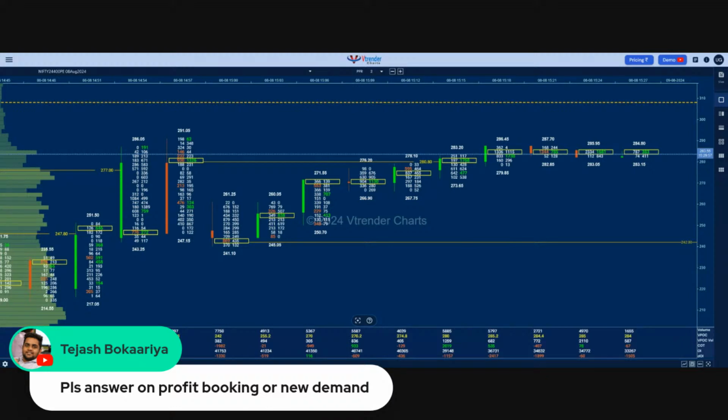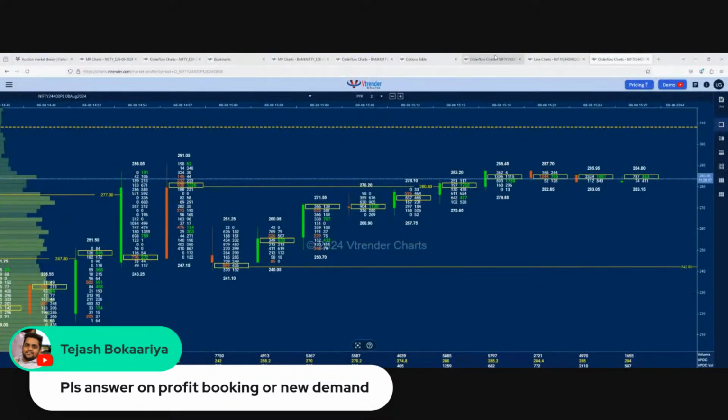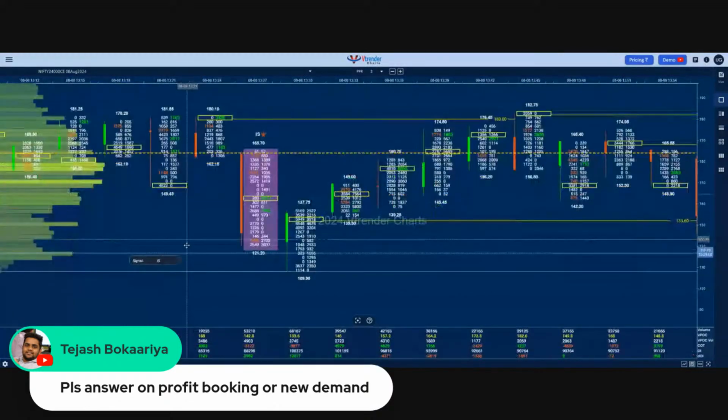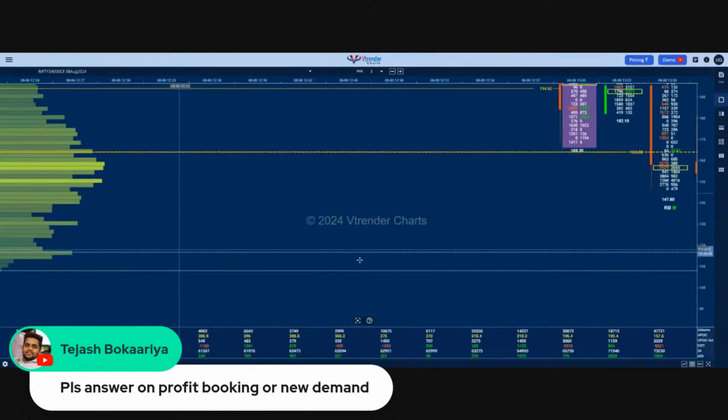Profit booking, what is that? How do we find out if it is profit booking or new demand? I already mentioned responsive buying is telling us it is old business. If it is new business, new buying, that responsive buying has to be followed by an initiative buying. What we saw in the call at 11:30 today was an RB plus an IB signal.